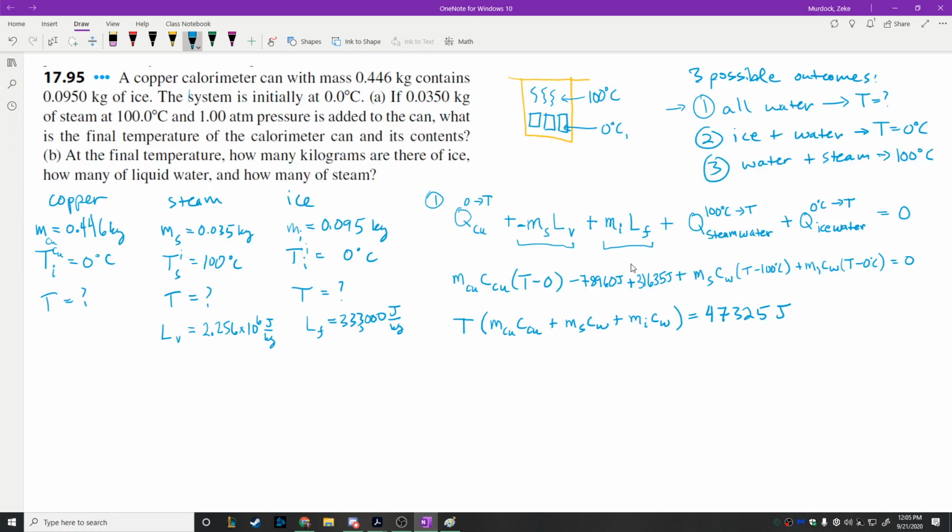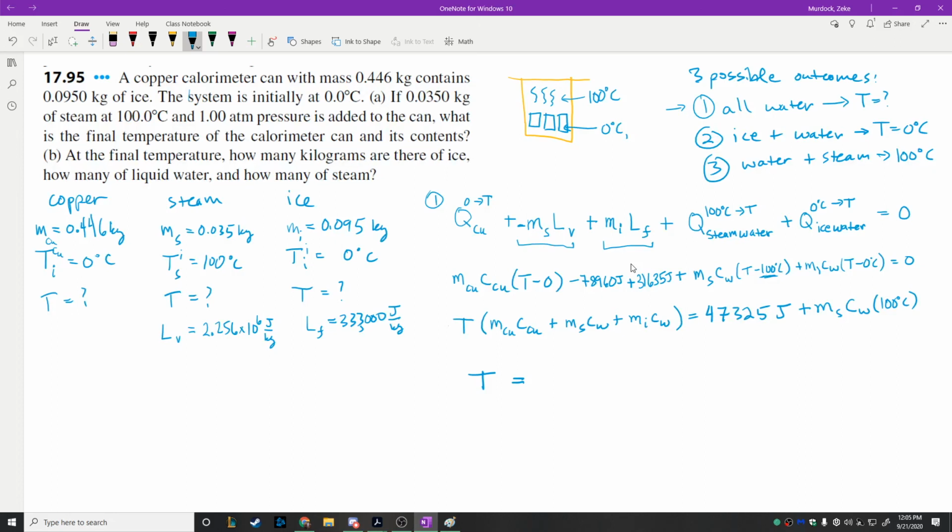What else? And then I think it's just this term right here. Plus MS, mass of the steam, specific heat of water, times 100. And that should give us the final temperature.